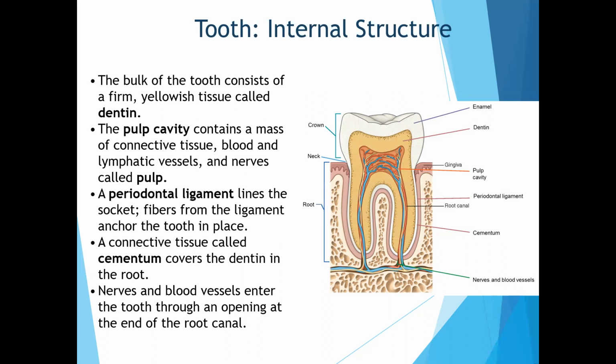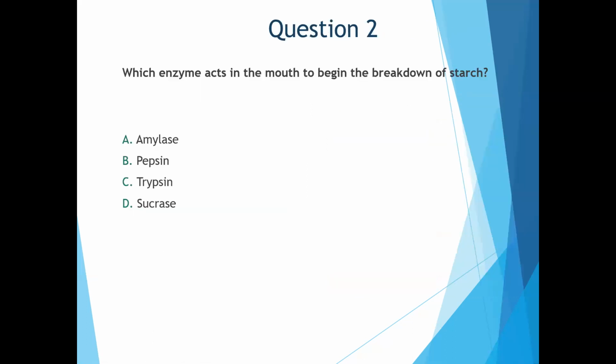So we have enamel that covers our dentin in the crown, and cementum, which covers the dentin in the root. Those nerves and blood vessels have an opening down here at the root, which is known as the root canal. That's how they can enter and exit the tooth. So you do need to understand the parts of the tooth here. That's why I spent some time going through that.